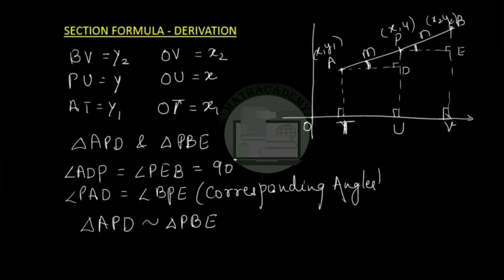And if the triangles are similar, then the corresponding sides are in equal proportion. So the corresponding sides are AP and PB. The ratio of AP and PB is same as the ratio of AD and PE is same as the ratio of PD and BE. I hope this much is clear to everyone. Now our aim is to find the value of AD, PE, PD and BE.